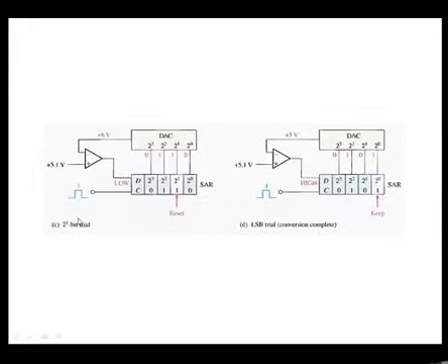Figure C shows the third step. In this case, the output of the DAC is 6 volts. Why 6 volts? Because there is a 1 on the 2 raised to power 2 bit input and 1 on the 2 raised to power 1 bit.